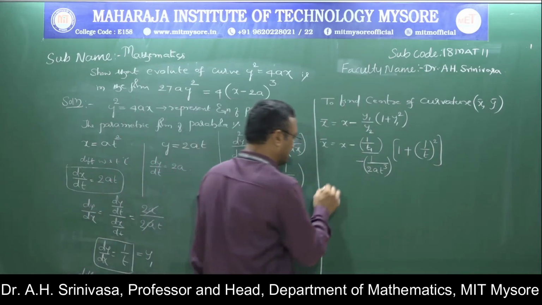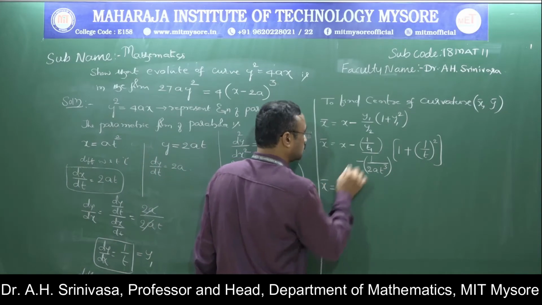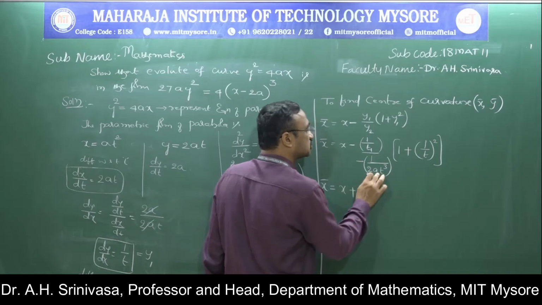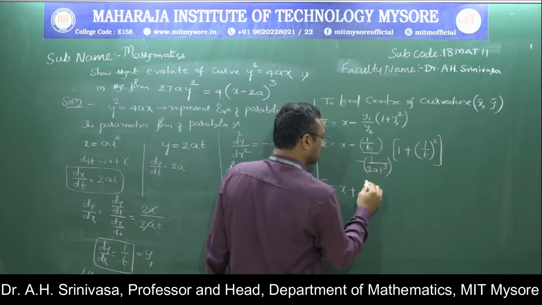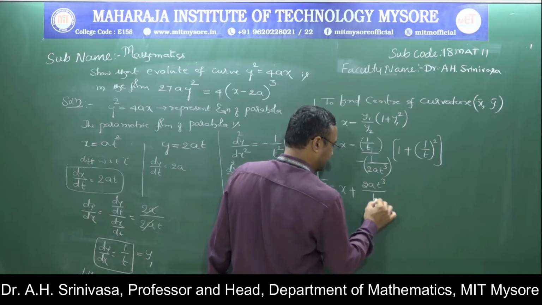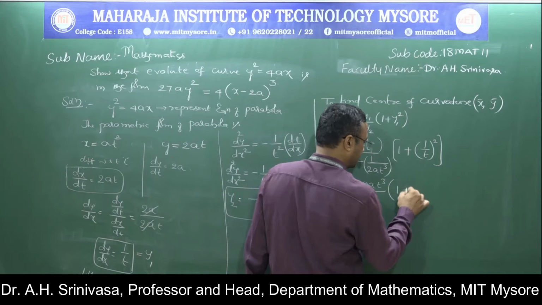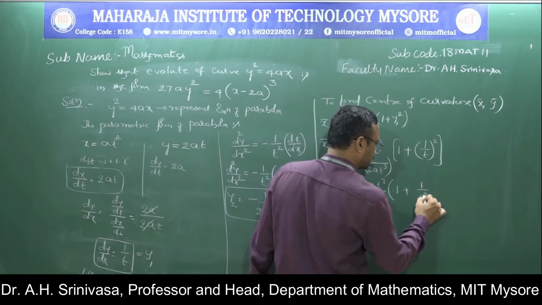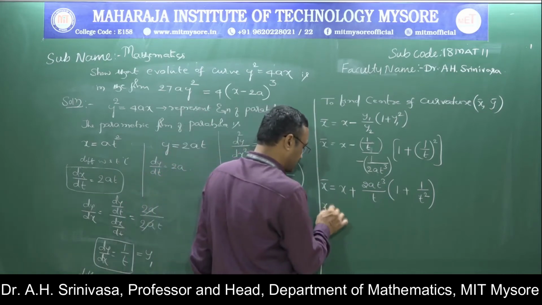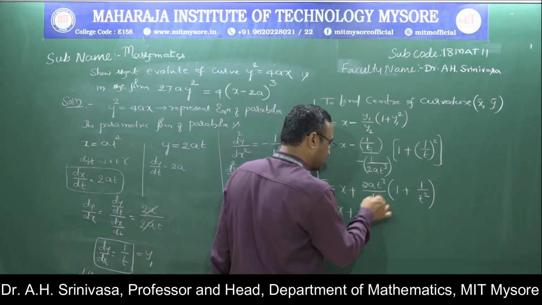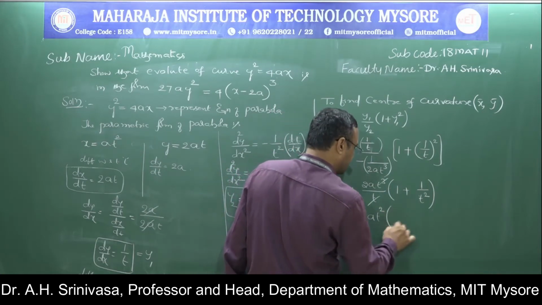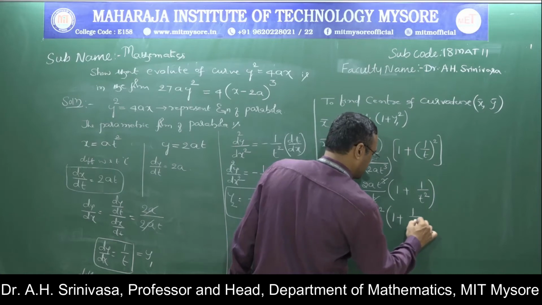Now make a simplification. Your x bar equal to x minus by minus, this becomes plus, x plus, it shifts to the numerator, 2a t cube divided by t into 1 plus 1 by t square. Then x bar equal to x plus, now cancellation of these two, we get 2a t square into 1 plus 1 by t square.